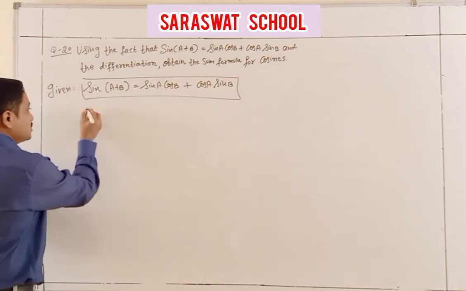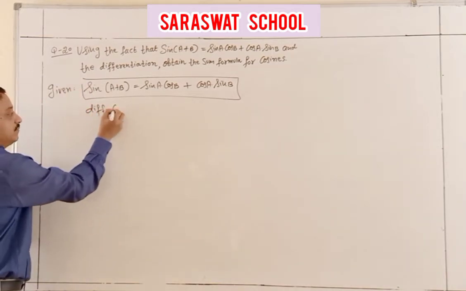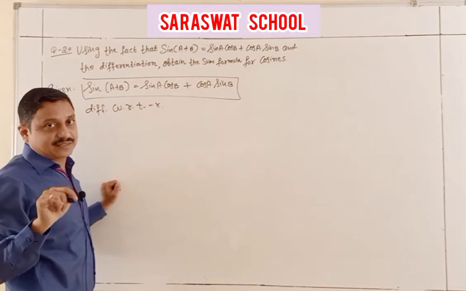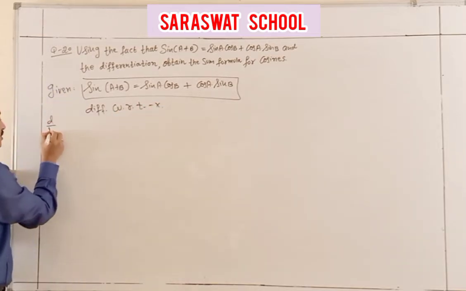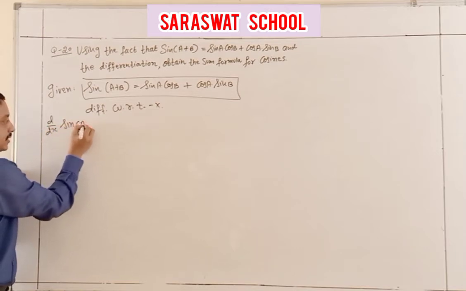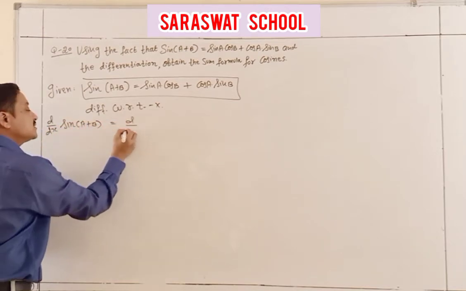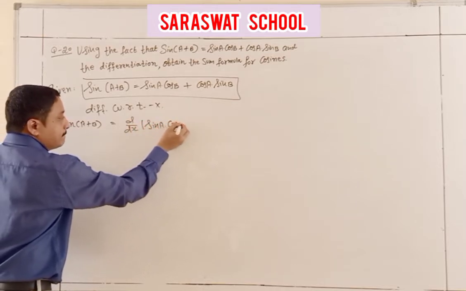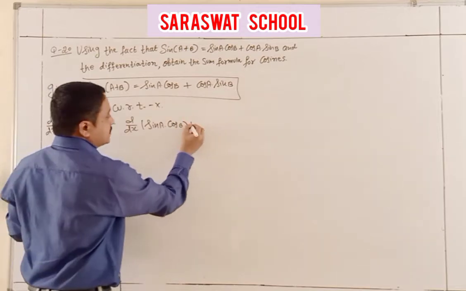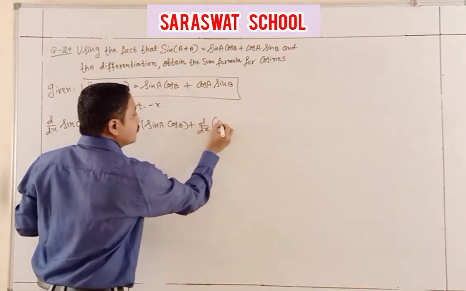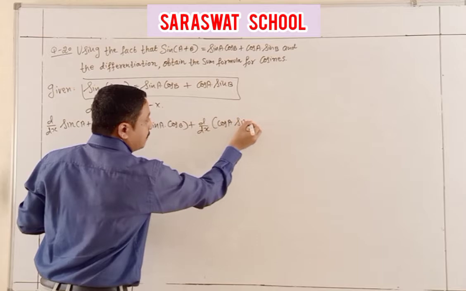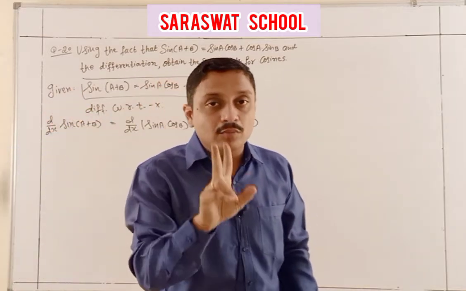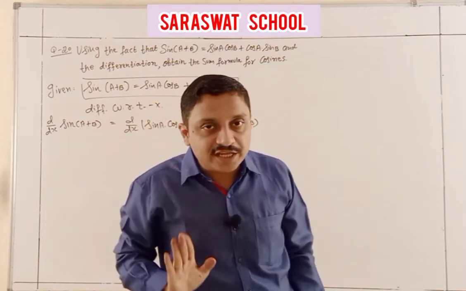So I start slowly, differentiation with respect to x. Yes, so d/dx of the left hand side part, and the same on the right: d/dx of sin A cos B plus d/dx of cos A sin B. And here, students, you consider A and B both as variables, not constants.